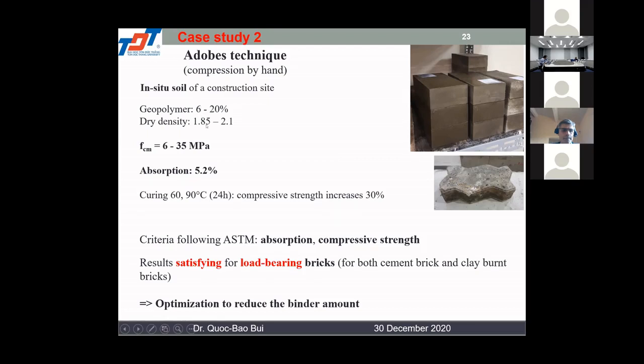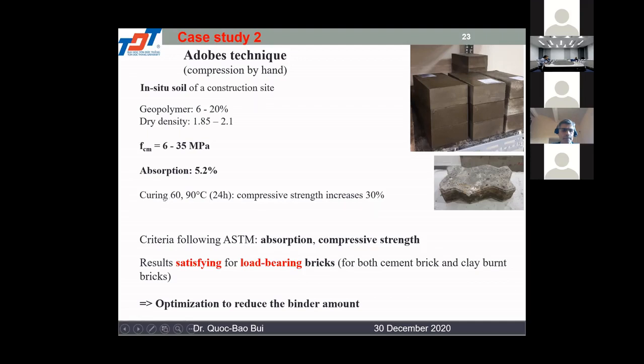We obtain the dry density of the brick from 1.8 to 3.1. And we obtain the mean compressive strength from 6 to 35 megapascal. This is too much for a brick. And the absorption is about 5%.